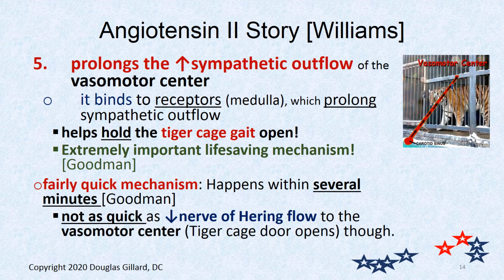But once the tiger is let out of the cage, angiotensin II can keep the cage door open and keep the carotid sinus less sensitive to the hypertension that is being created out there. Because normally the carotid sinus would sense the hypertension, and it would shut the cage door and keep the sympathetics in. You don't want that if someone's bleeding, so it decreases the carotid sinus sensitivity. And this is a pretty quick mechanism here, by the way.